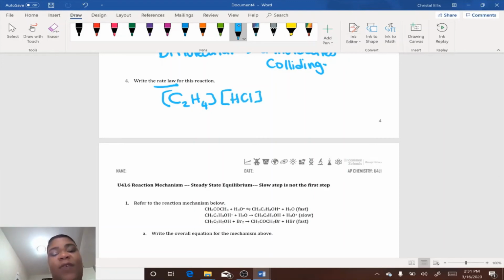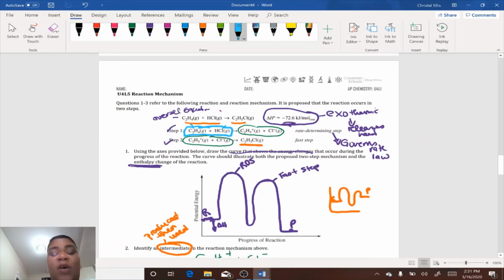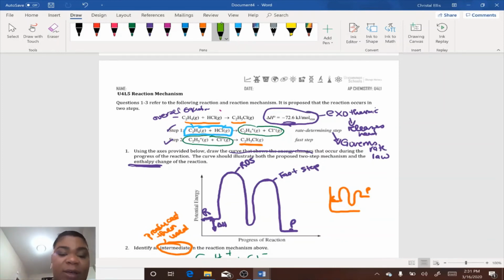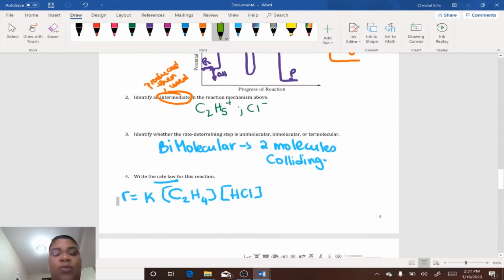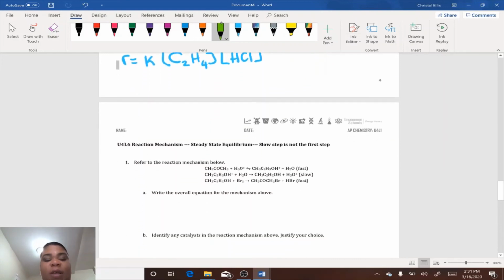We need to figure out what the order of each reactant is. Now, unlike the example that I did before, the order of the reactants comes from the coefficients in the rate determining step. So it would be C2H4 raised to the first power and HCl raised to the first power. And that's it for the rate law.